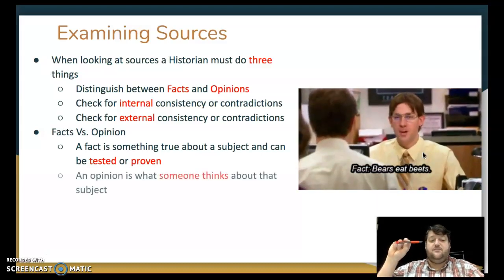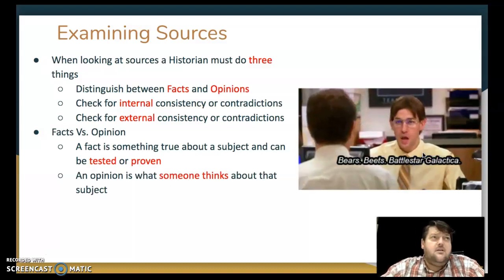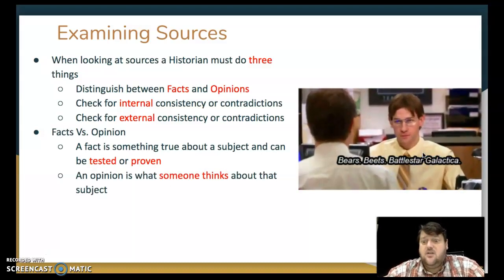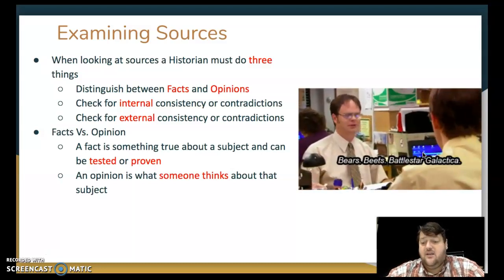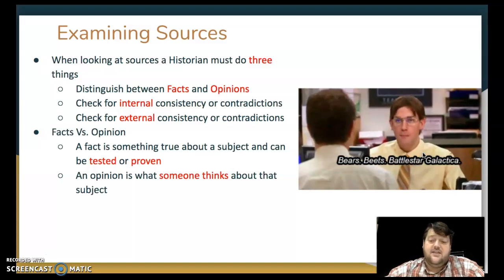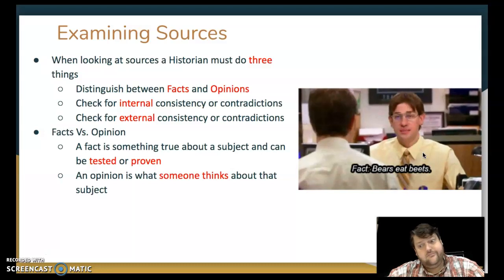So facts can be proven. An opinion is what somebody thinks about an event. So when we talk about 9/11, a fact of 9/11 was a plane flew into the towers. An opinion would be this is the worst thing that's happened in America in the last 20 years. That's debatable. Okay?